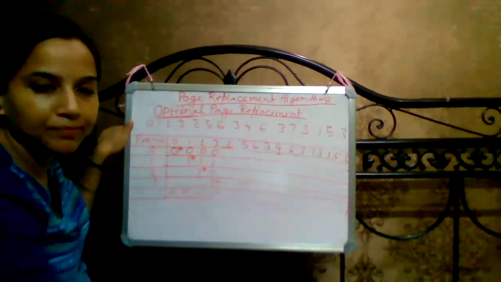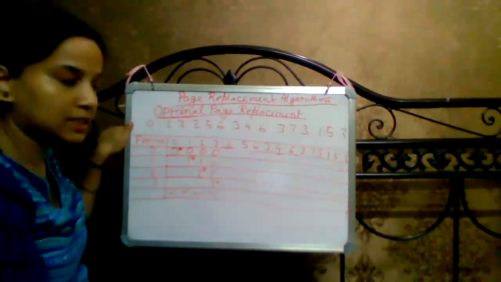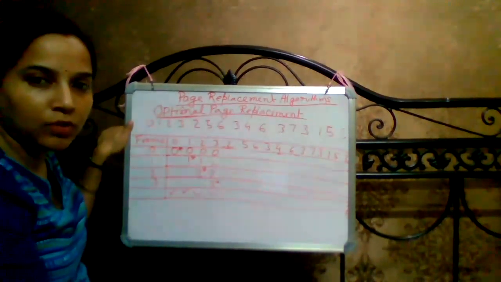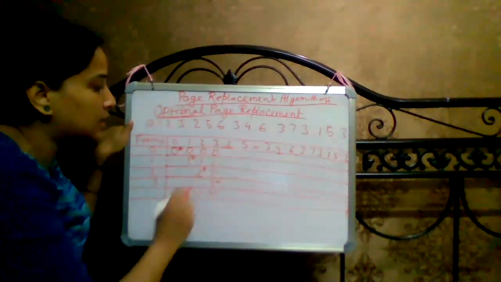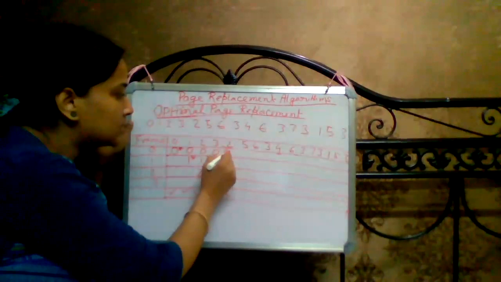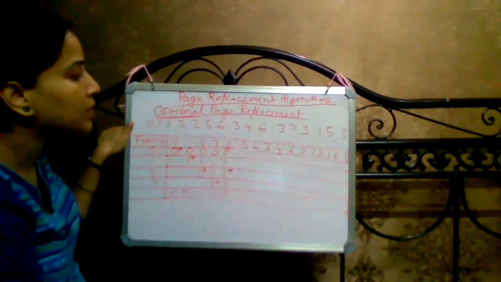Now all frames are filled by 4 pages. Next in execution is 2, which is already there, so no page fault occurs. 0, 1, 2, 3, with 2 being the running page.